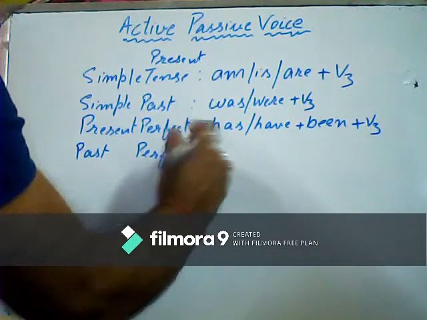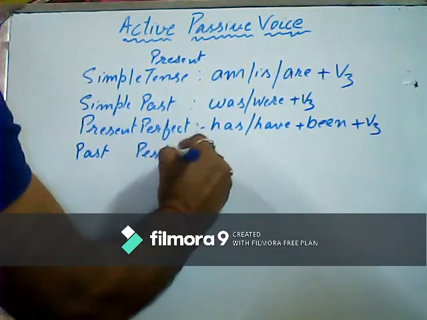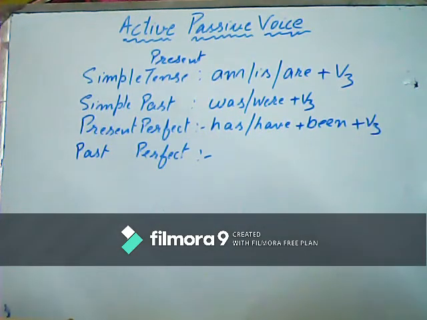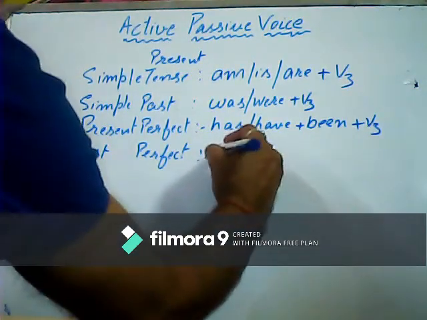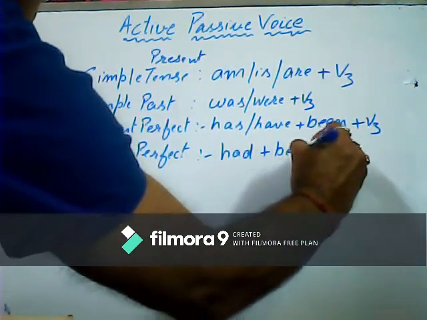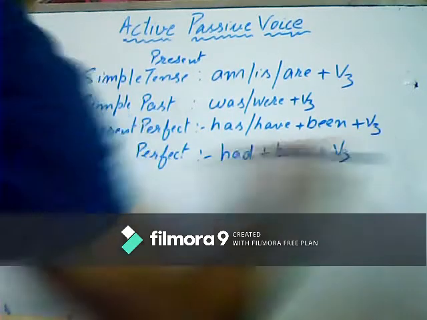For past perfect, what will you use? We always use had plus been plus the third form of the verb.